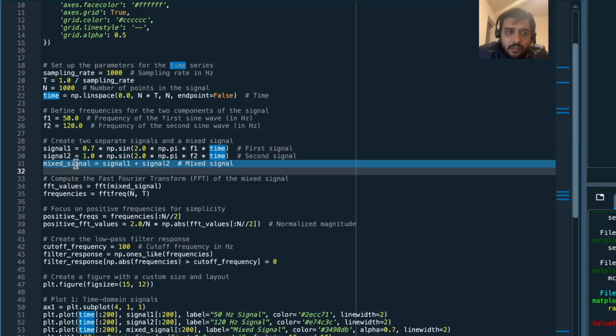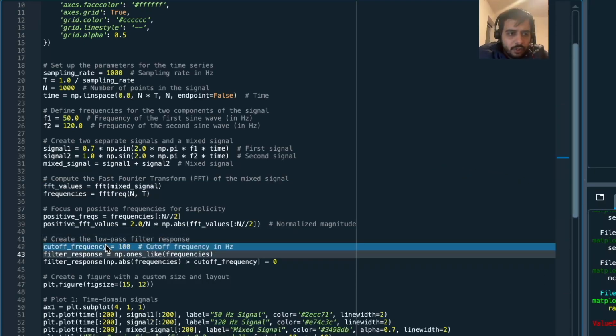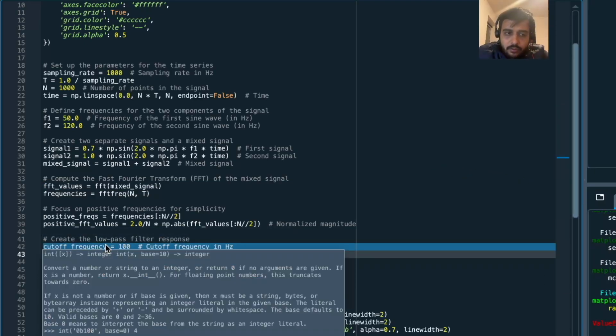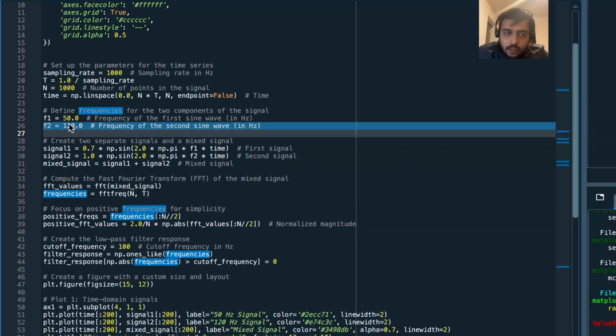The mixed signal is the sum of these two signals, and we are computing the FFT of our mixed signal. Finally, we create a low pass filter with a cutoff frequency of 100, which means it should remove signal 2 when we compute the inverse Fourier transform after applying the low pass filter.